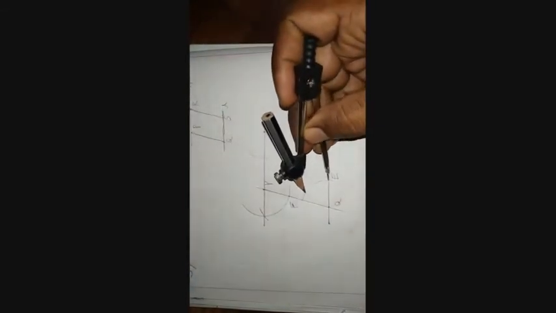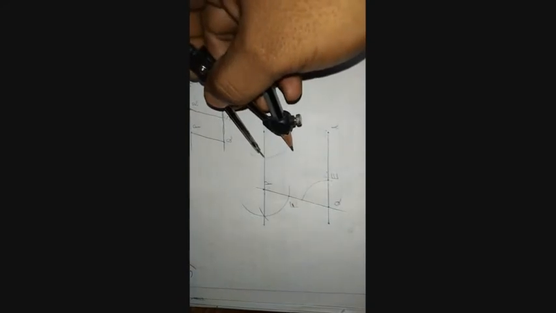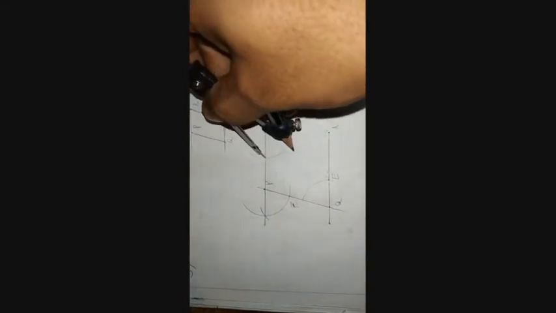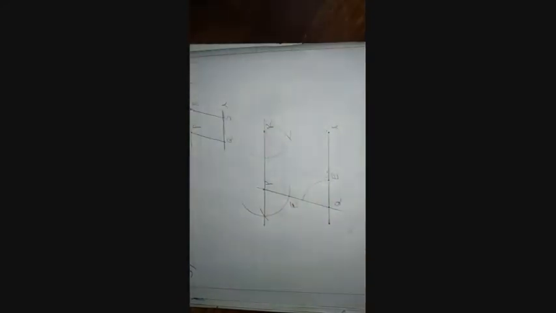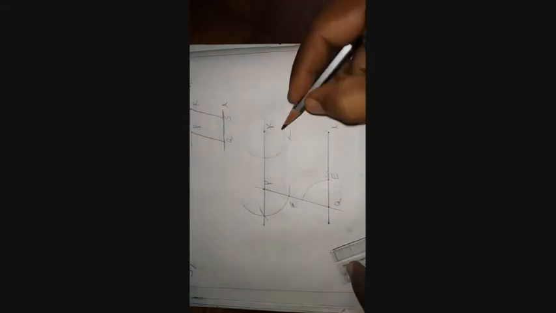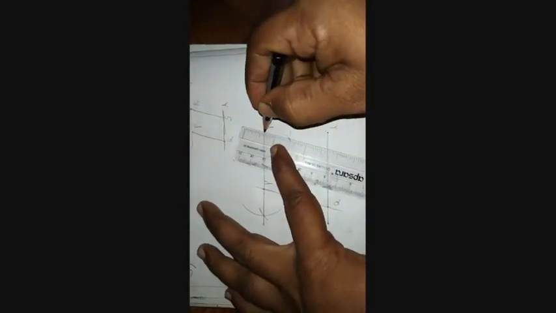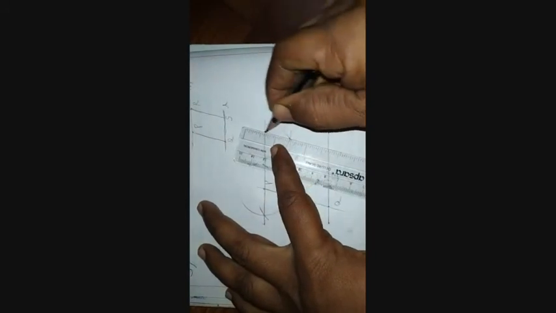Next, students, the same measurement, that is, now you take the measurement of E and F, and keep the needle at this point. Cut that previous arc. Here we got one point, so through both these points draw one line.